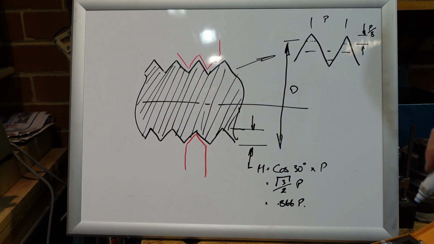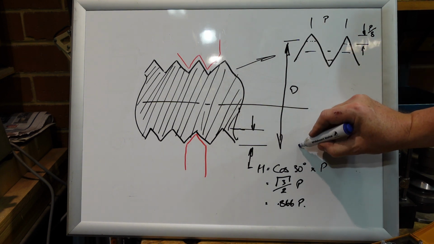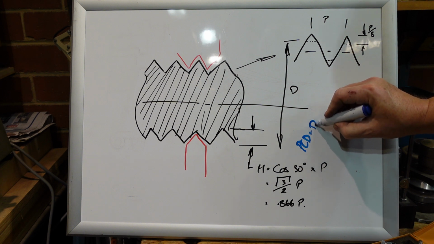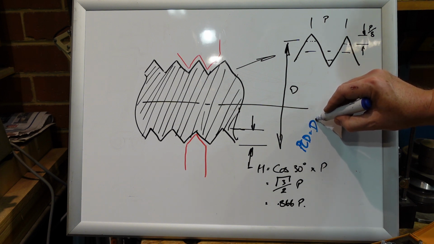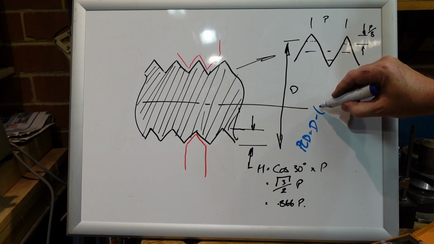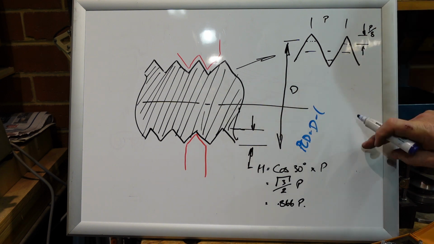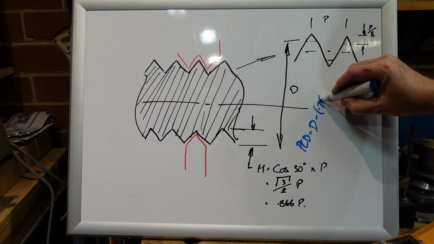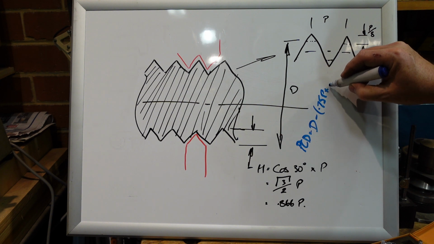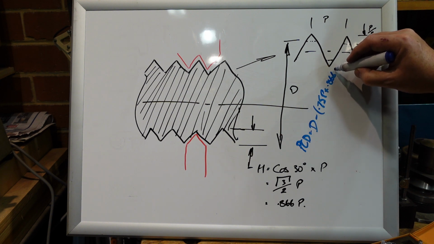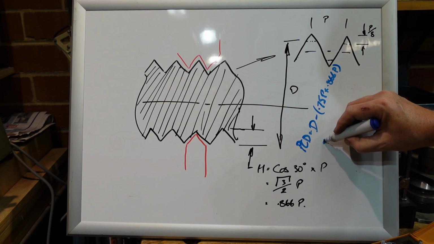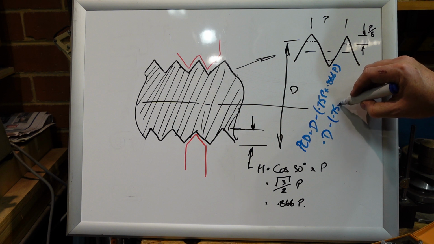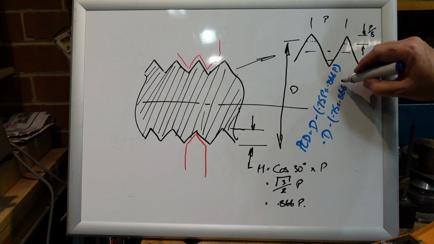So trying to work all this out, the PCD, which is what we're measuring with the micrometer, is going to be the diameter, take away both sides, which is P on 4, so 0.75 pitch times 0.866 pitch. It's going to be D, take 0.75 times 0.866 P.